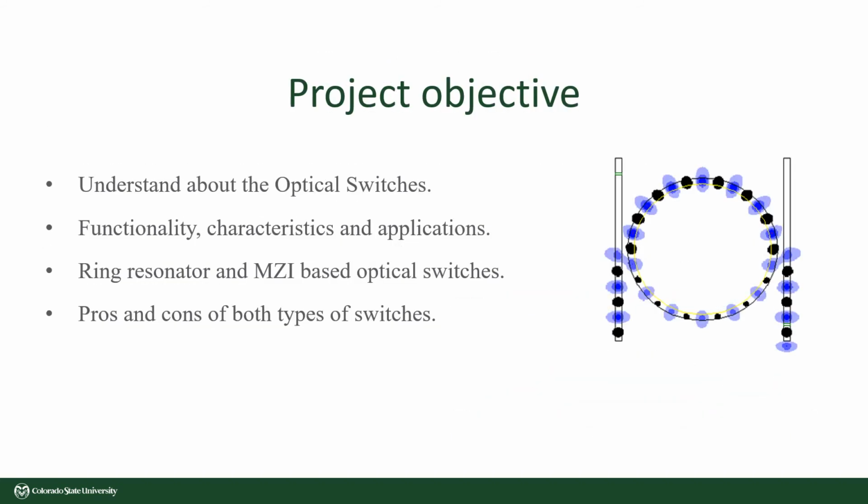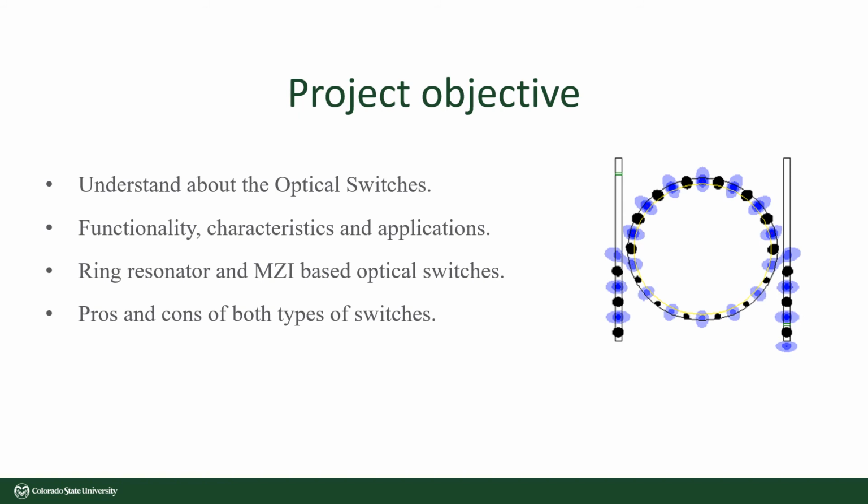The objective of this project is to understand basics of optical switches with their functionality, applications, and characteristics. Then learn about different types of optical switches. Our focus will be on ring resonator based optical switch and Mach Zehnder interferometer based optical switch.